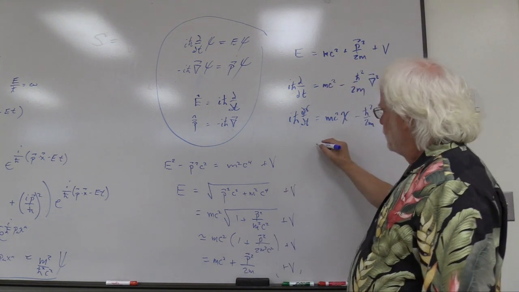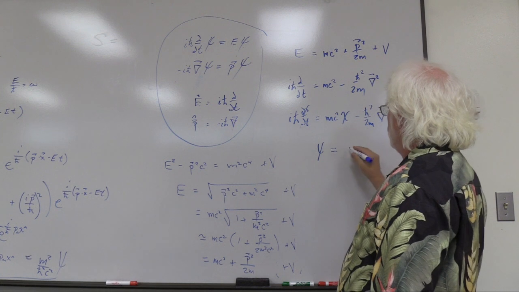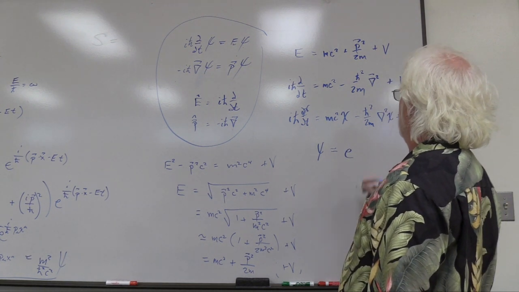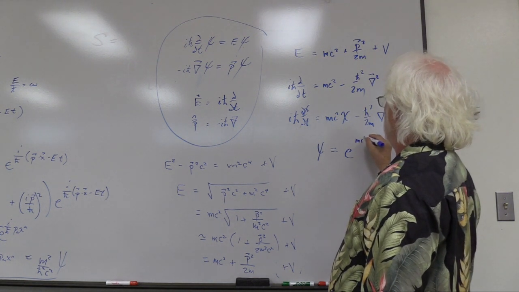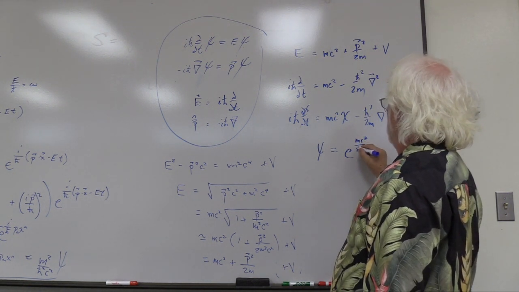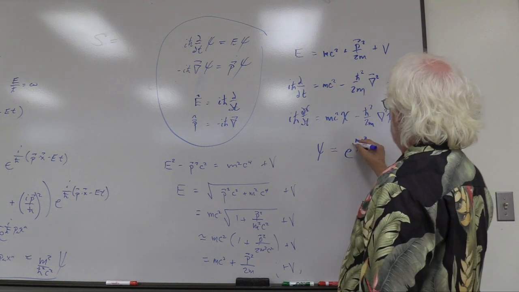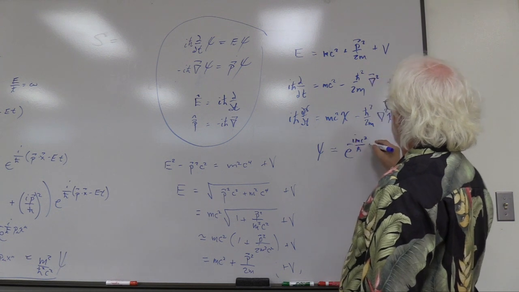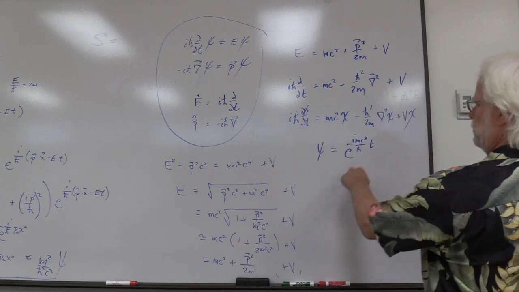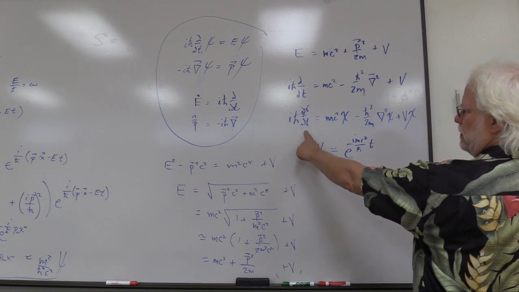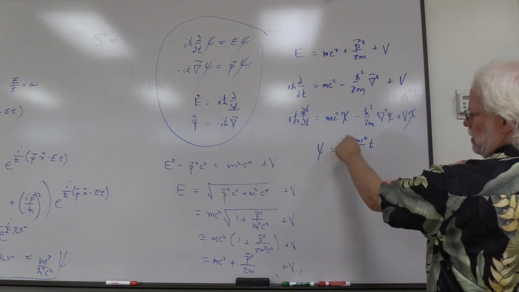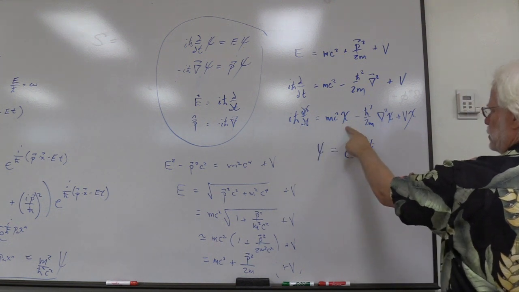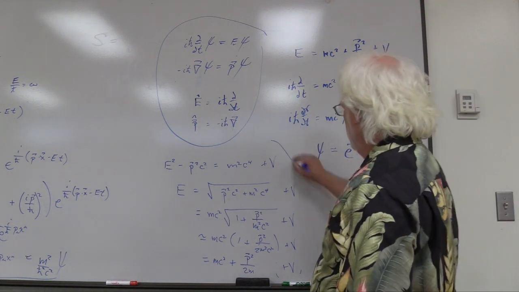And finally, I'm going to let psi equal e to the, let's see, what do I need? I need minus i mc squared over h bar times t should do it. Because now the time derivative pulls down this coefficient and gives me an mc squared here. And then that just comes along for the ride in every other term.